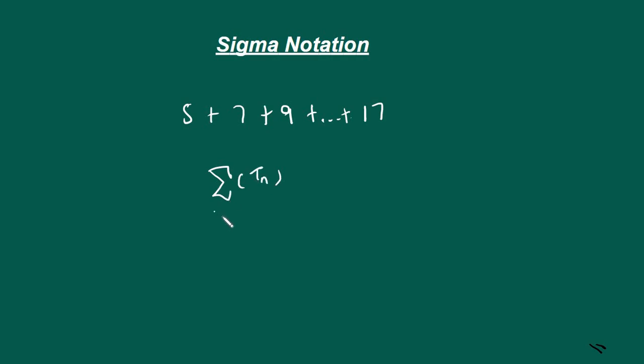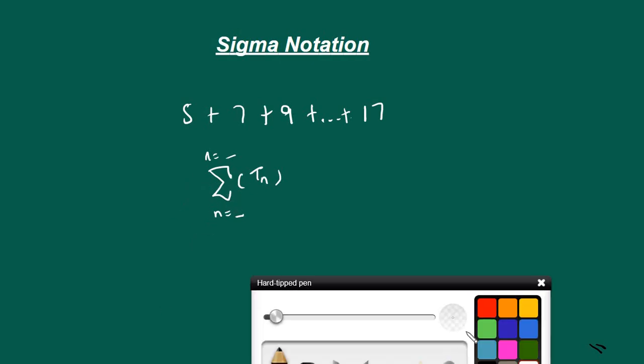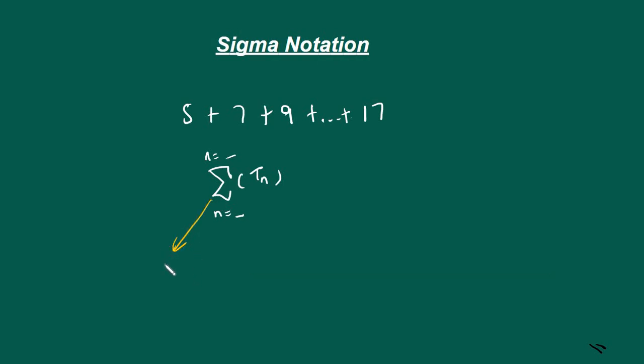Then I say start from here, and end there. What this elongated sign, that weird looking symbol, is saying is add the terms in the series.